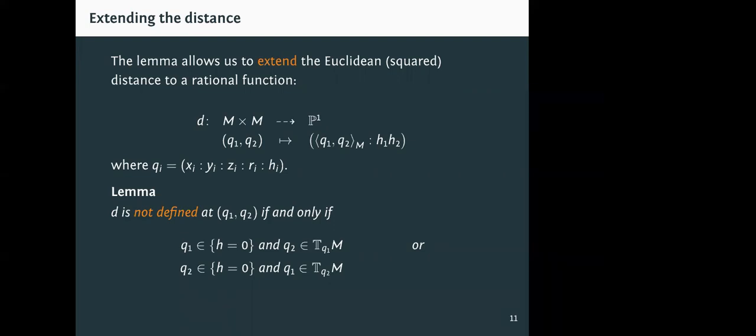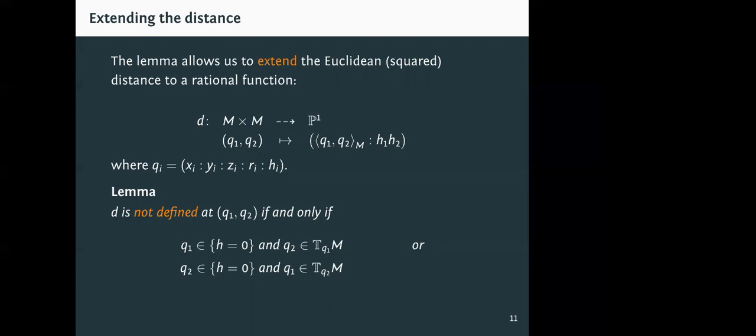What happens is that if we use this formalism given by the bilinear form, we see that the Euclidean square distance extends to a rational function which is defined on a bigger subset, not just R3. It's not defined on the whole M times M, but on a bigger subset.